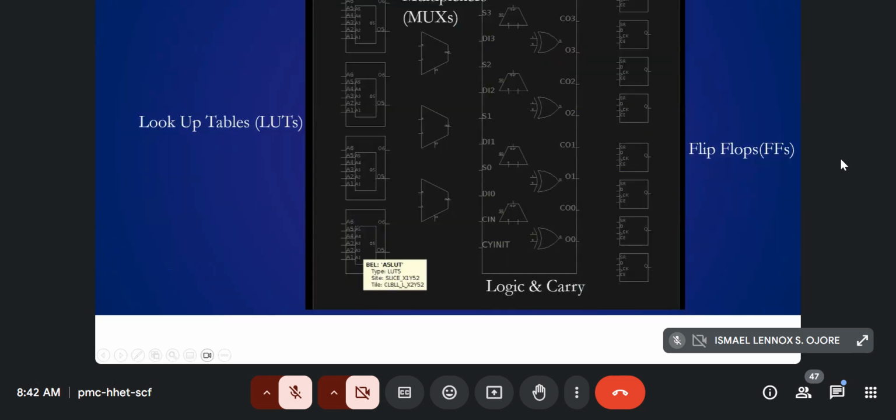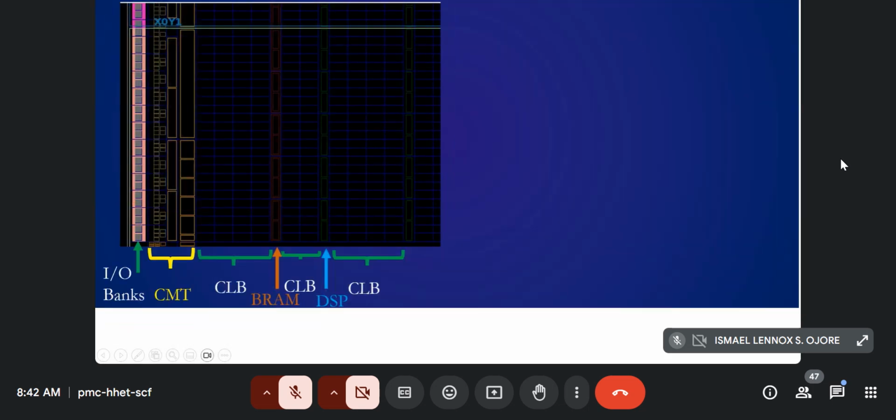Now, if you are to zoom even further, you can see where those blocks are located. You can see the input output banks, the CMT, CLB, BRAM, CLB, DSP, CLB, and so forth.